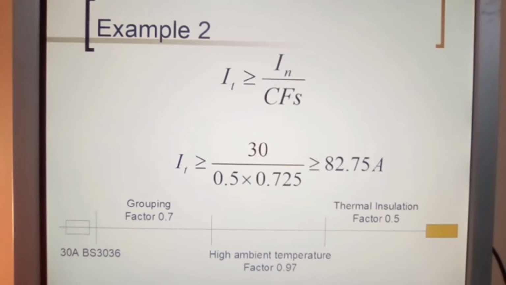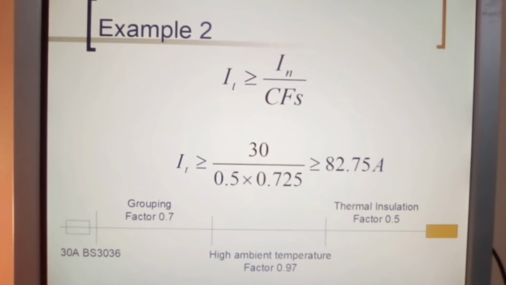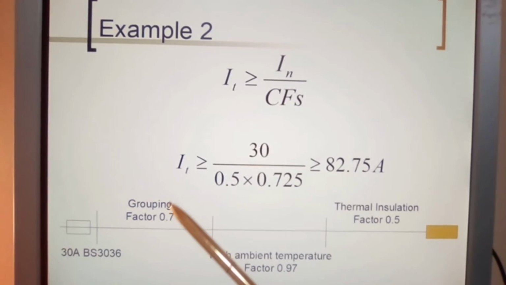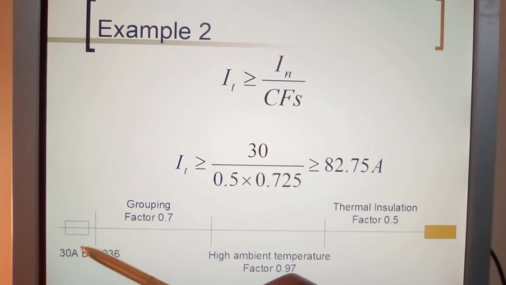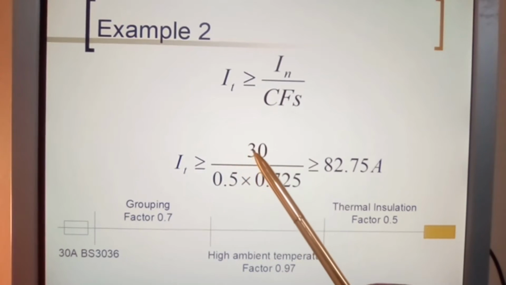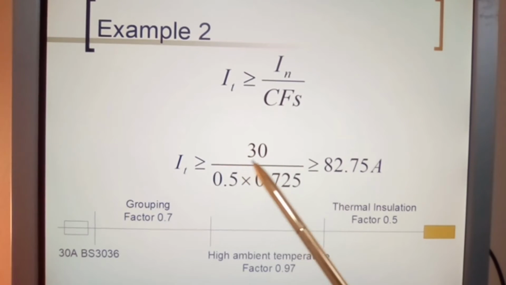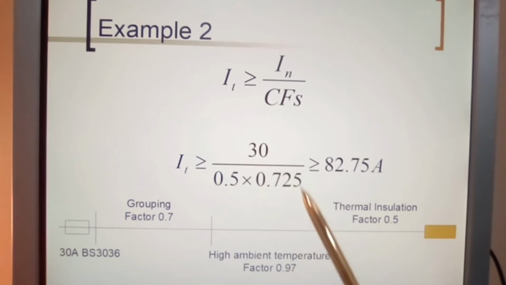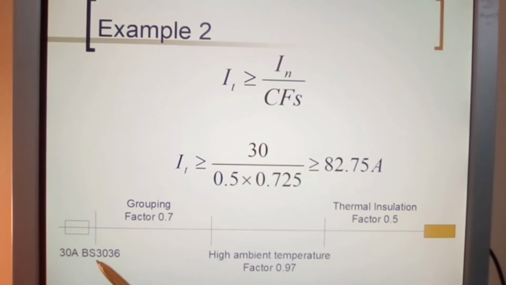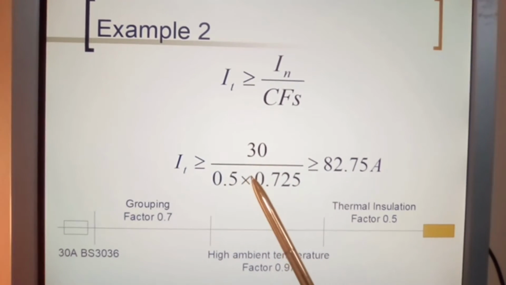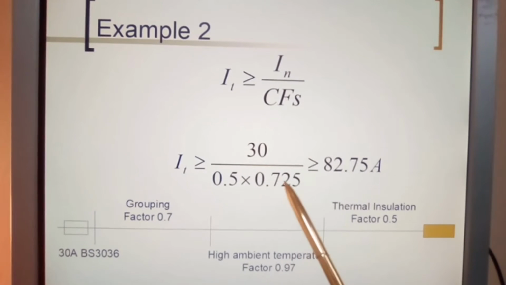Example 2, IT equal to IN over CFs. The main fuse here is a 30 amp BS3036, and you're looking at 0.5, and because it's BS3036, you also have to take into account 0.725.